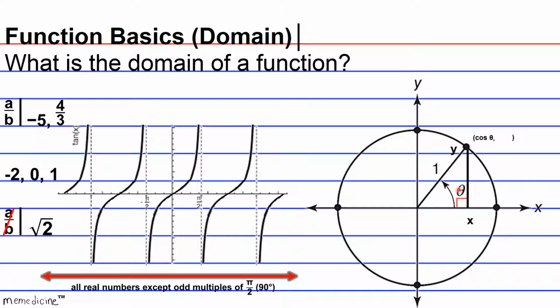Now we could also say the same thing for finding the sine of this angle theta. Sine in normal trigonometry is just going to be the opposite leg of the triangle divided by the hypotenuse. Well, we know that the hypotenuse length is 1, so the sine of theta is just equal to the magnitude of y, or y is equal to the sine of theta, okay?